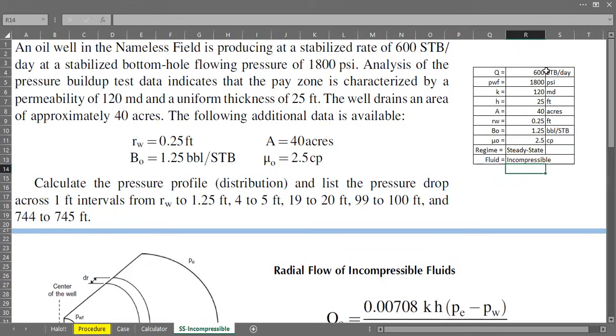In the case that we have the oil viscosity, maybe we can also assume slightly compressible fluid. But in this case, let's start with the assumption that the fluid is incompressible and the flow regime is steady state because flow rates and the flowing bottom hole pressure are stabilized.